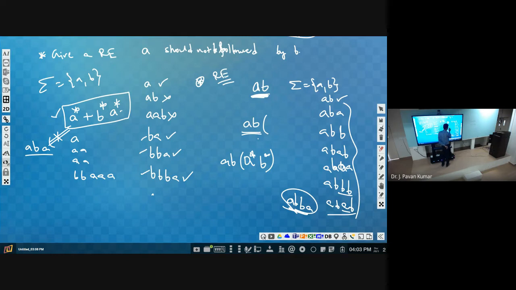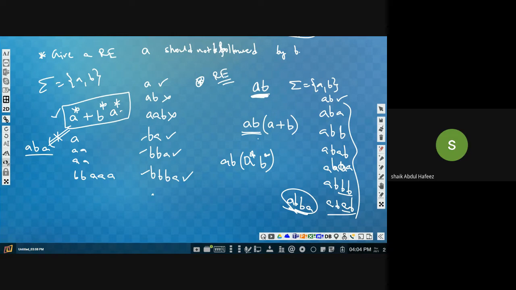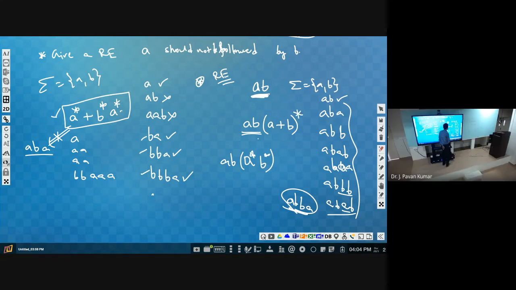After AB, how many choices do we have? Either A or B, that is A plus B, and any number of times, even zero times, so whole star. So the regular expression is AB into (A plus B) whole star. It should start with AB. Got it?